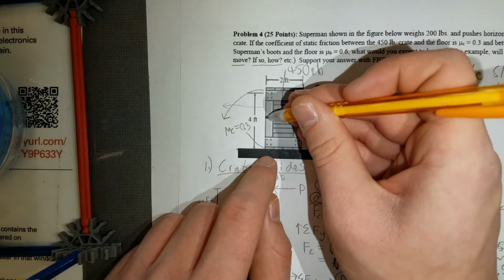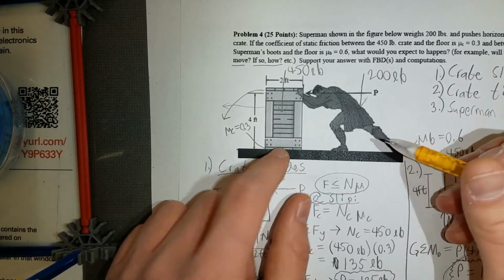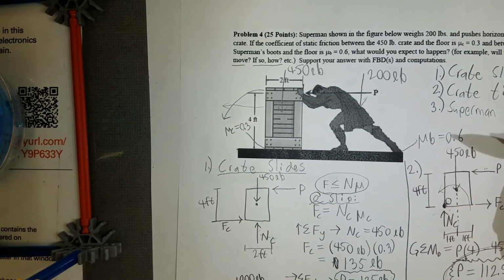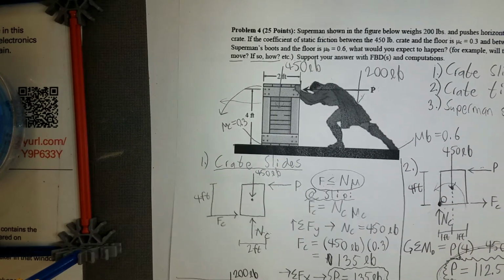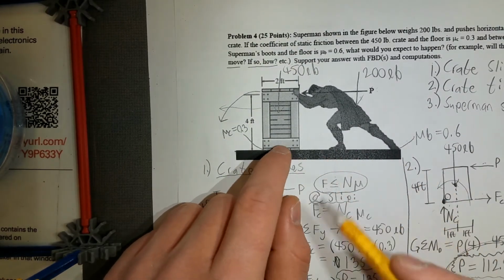Not to say it couldn't happen if it was a square, it very well could. But if the crate were on its side, we wouldn't have to worry too much about tipping, because it's going to start sliding first, since the moment forces would have to be really large to make it tip.